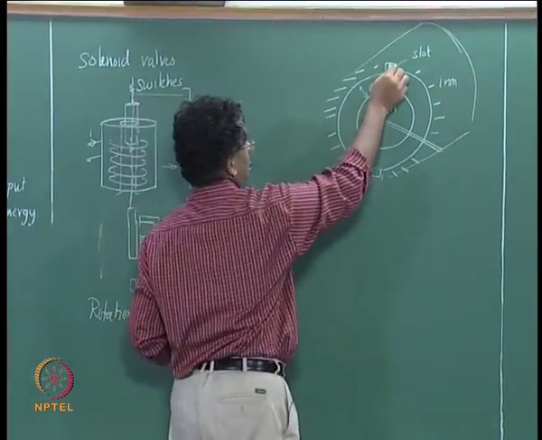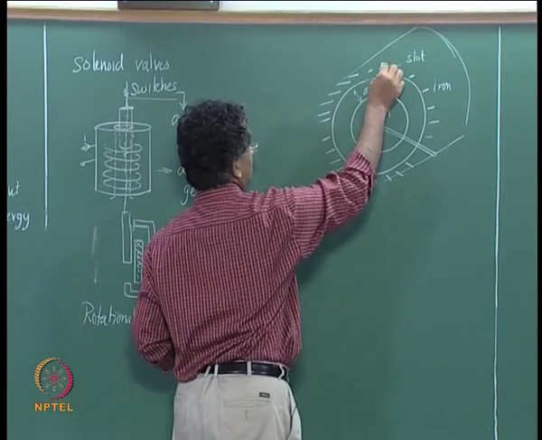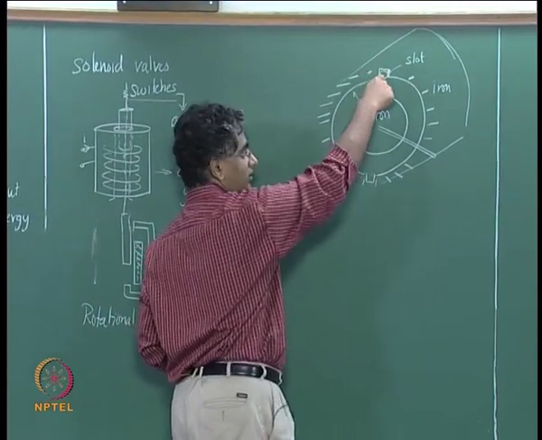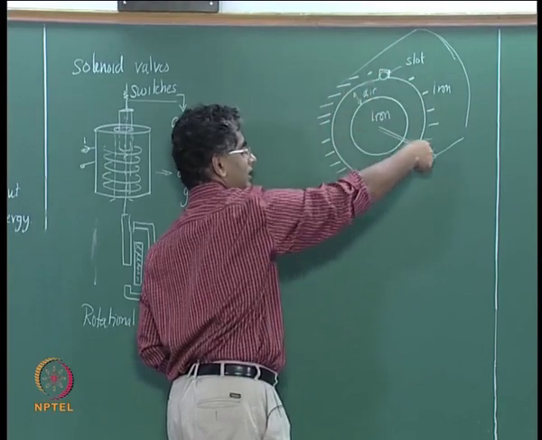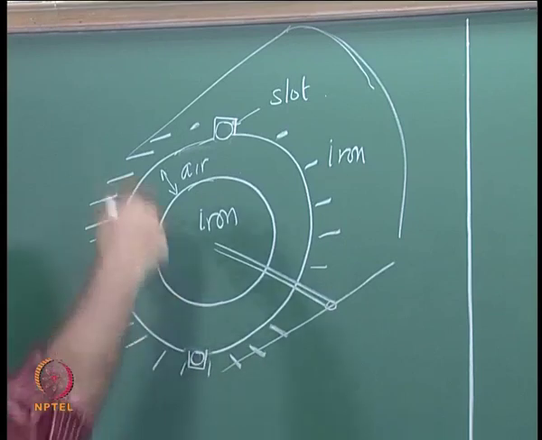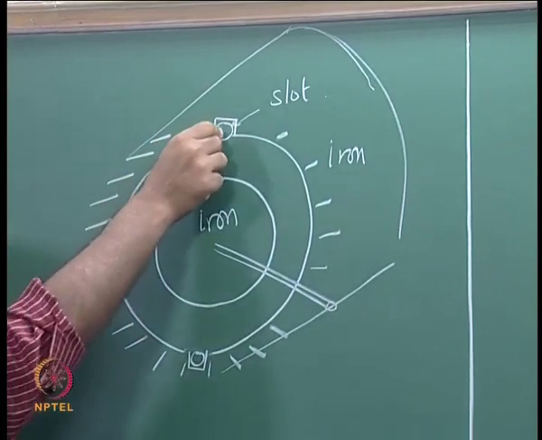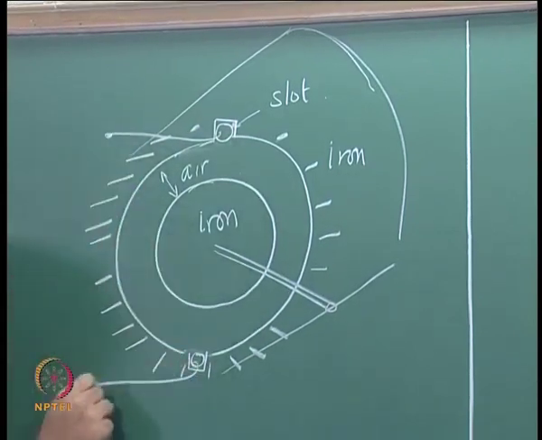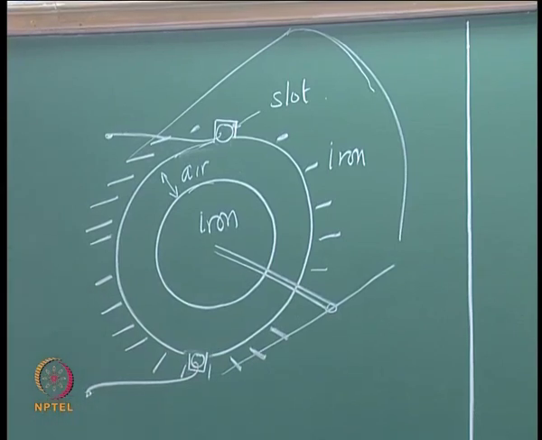Let us say it has one coil which starts as one coil side here, goes along the length of the machine, completes on the other side, and then comes back here. Maybe it has several turns as well. Finally, you get one terminal here and another terminal here.